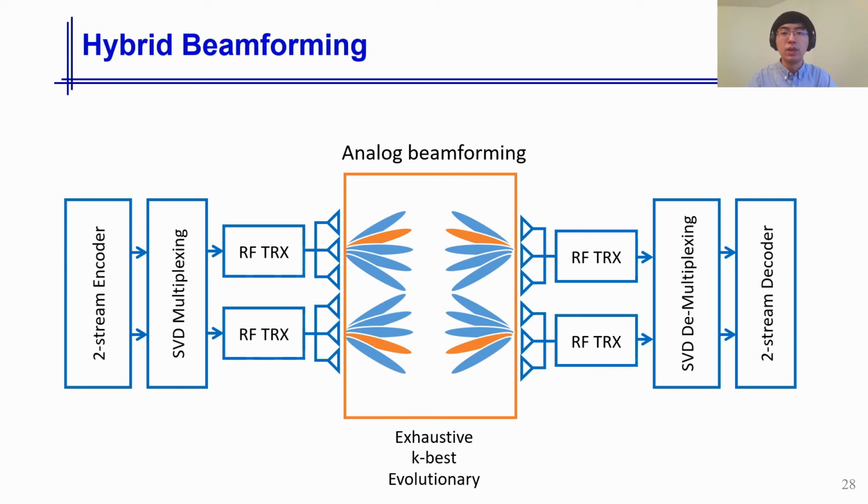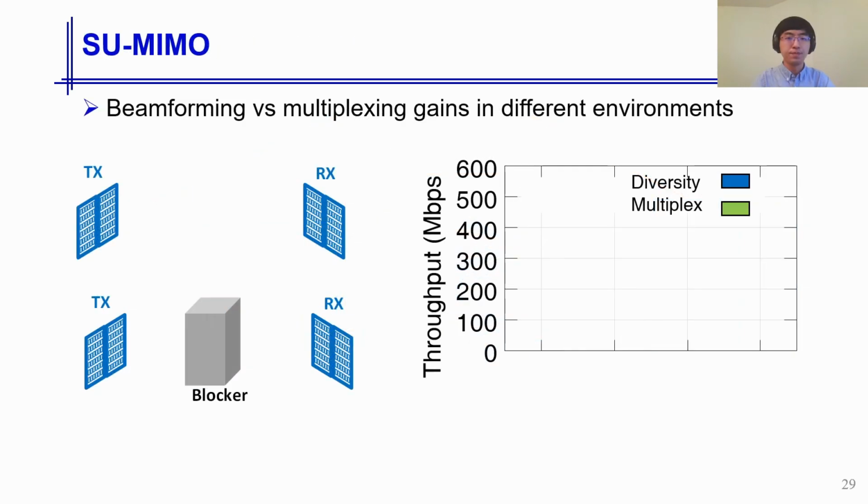We adopt the 3 algorithms for our case study. Second, to measure the channel with the selected beams to achieve either diversity or multiplexing gain, which corresponds to digital beamforming. This is pretty similar to legacy MIMO in 802.11ac.